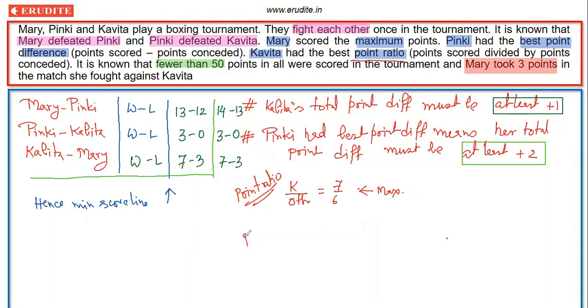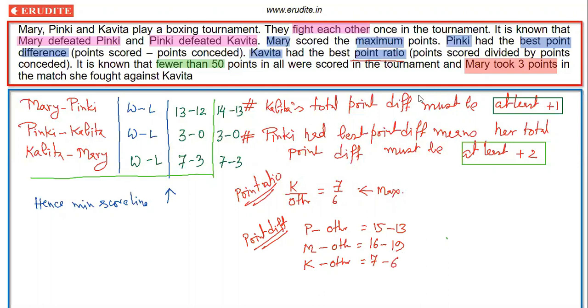Point difference. Again, another important information here. That is minimum difference wise, Pinky and others difference is coming as 15-13. Mary and others, it is coming as 16-19. And Kavita and others, it is coming as 7-6. So as for that, we can see that the maximum point difference is coming as this one.